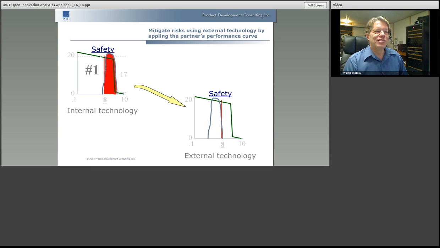Their curve, in terms of safety, is far to the left or better than ours. And so what we can do is mitigate our risks on this project by moving over to an external relationship where they provide the safety piece of our product.